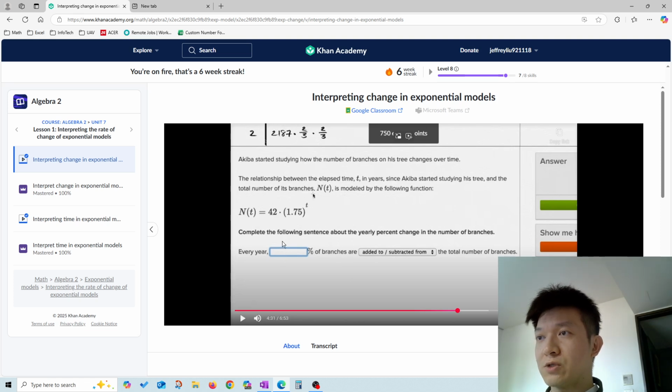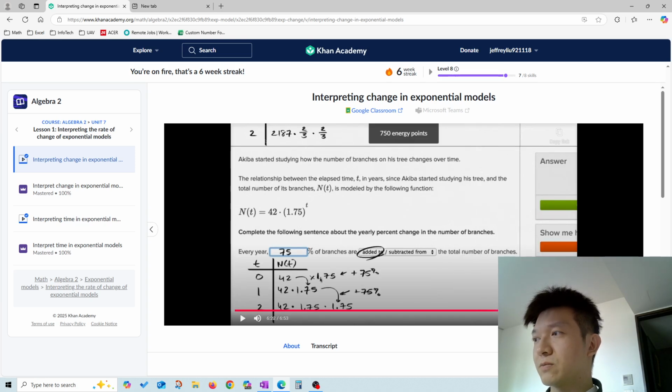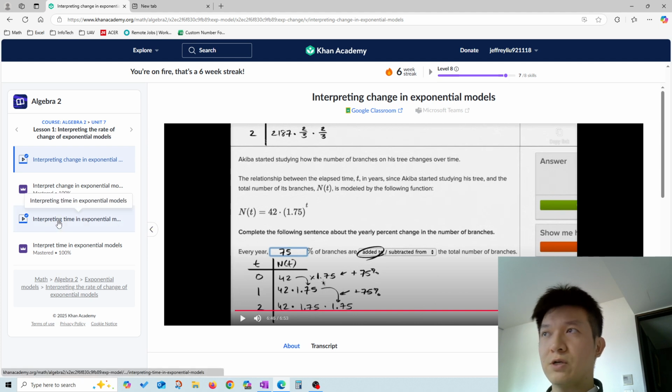It grows around 75%, branches are added to the original number of branches. So you need to write 75 over here, because it is growing, of course, but we're changing the way we ask the question.